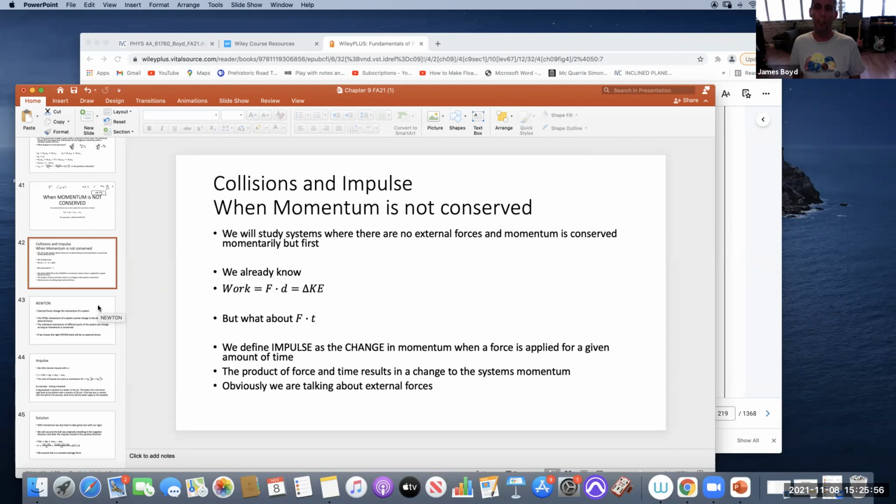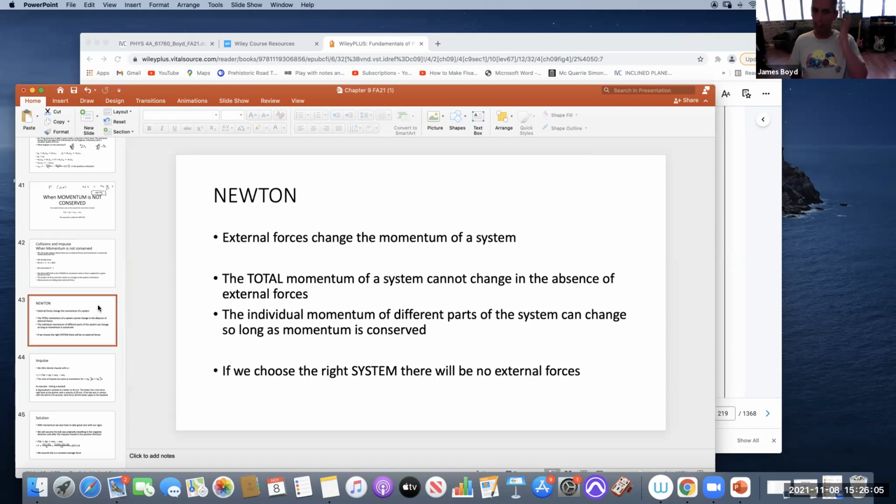You would have to somehow understand how the force acts with time so that you could integrate it over a certain time. And yeah, it's not fun. So we also need to understand that when we apply an impulse, momentum can be conserved by different parts of the system.